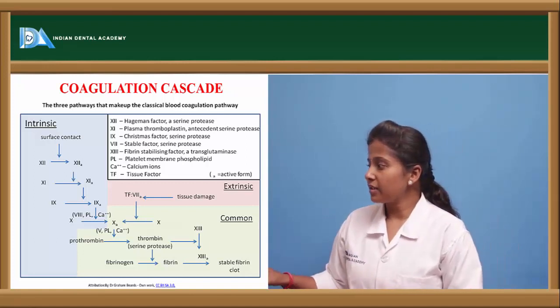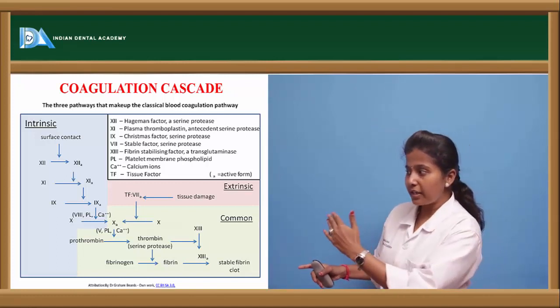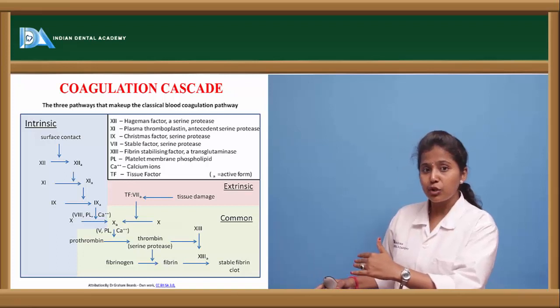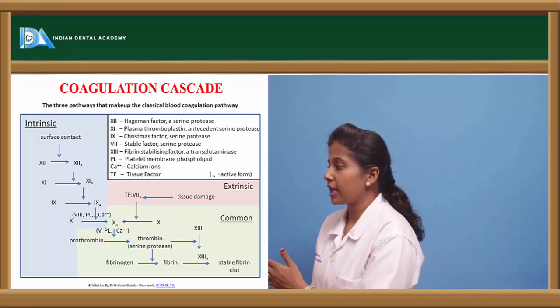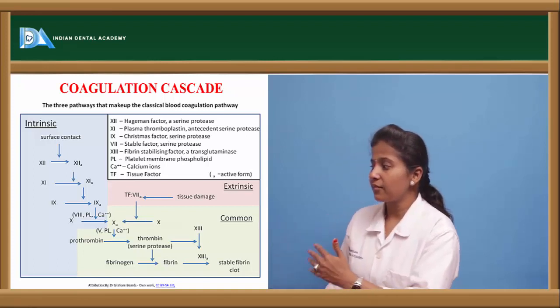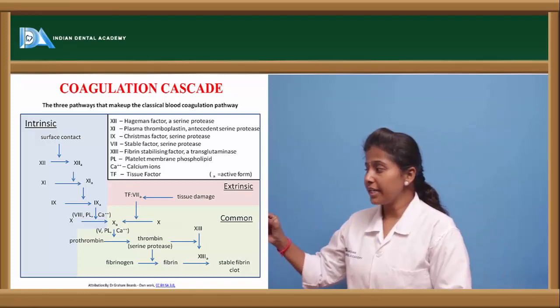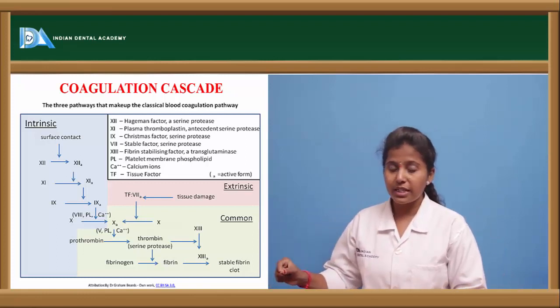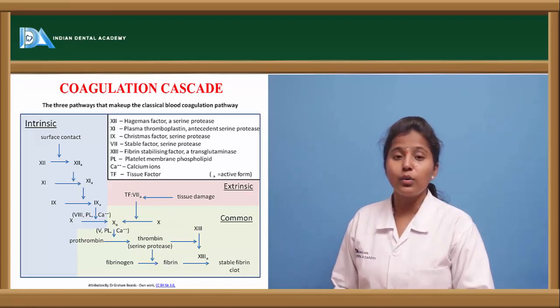Here factor 12 is converted to 12A, and factor 12A aids in the conversion of factor 11 to 11A, and this aids in the conversion of factor 9 to 9A, and this aids in the conversion of factor 10 to 10A. This conversion is a very important step because it involves another factor, factor 8, along with calcium.